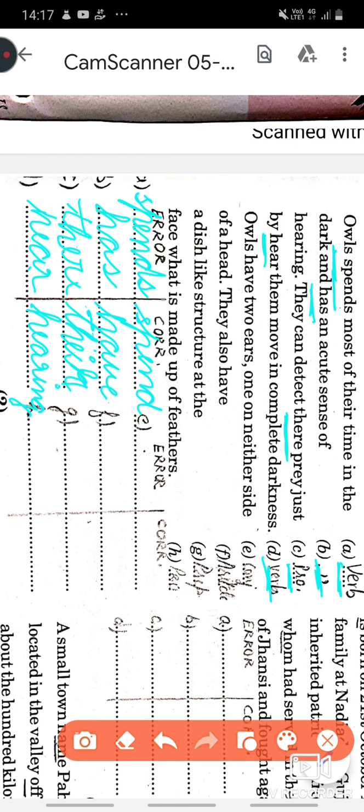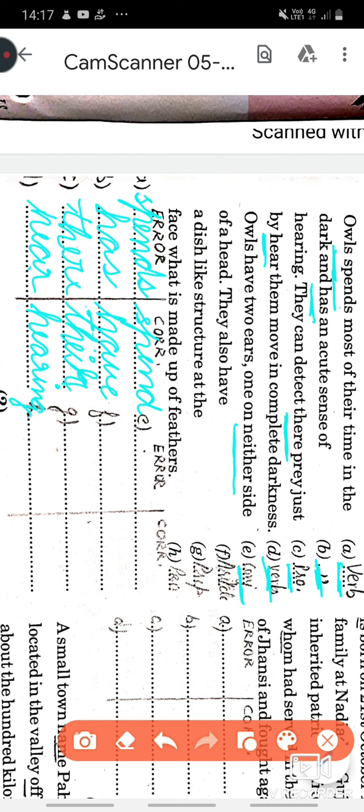I'll start with C part again. They can detect their prey just by hearing them move in complete darkness. Owls have 2 ears, one on neither side. Now neither means none of the two sides, but we know where the ears are placed.